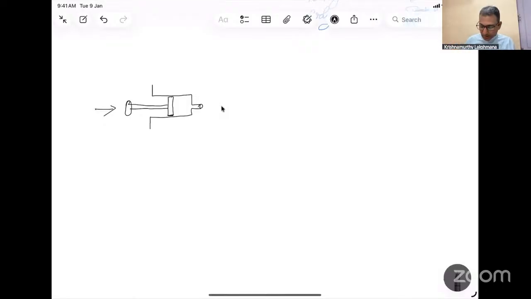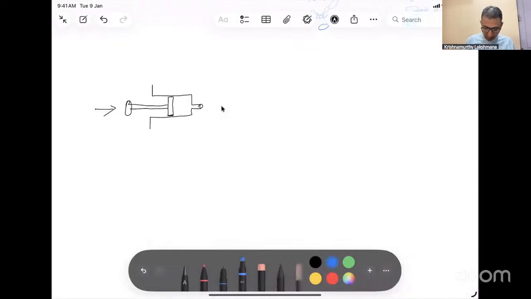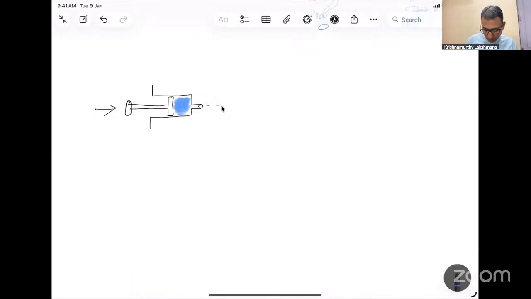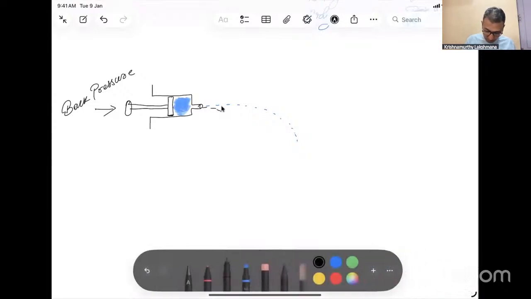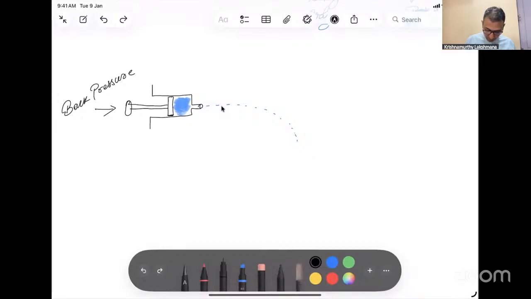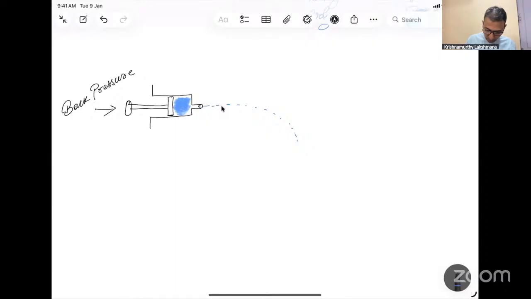The liquid inside the syringe comes out. So this is the back pressure. If there is more pressure, it will come out with a higher force. If it is with lesser pressure, it comes out with lesser force. And if it is medium, it comes with medium force. Right?